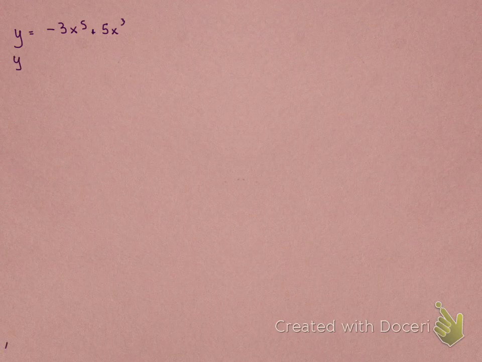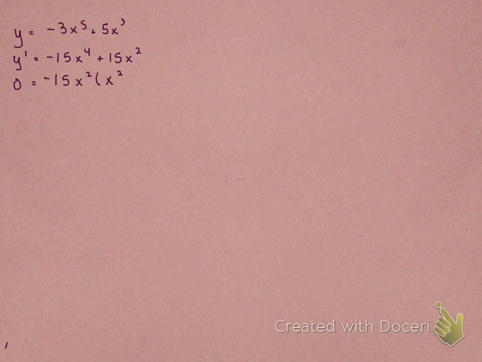So that is finding the derivative, -15x to the 4th plus 15x squared, setting that equal to 0 and finding your critical numbers. So we can factor out a -15x squared, and then we would be left with x squared minus 1.